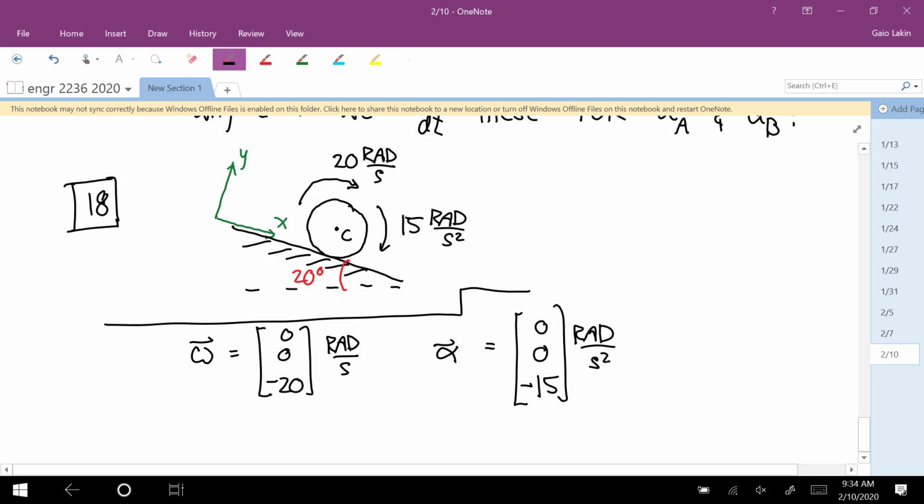And your R vector, which you'd have to use cosine and sine for if you didn't use this tilted coordinate system, well, it depends on the point.